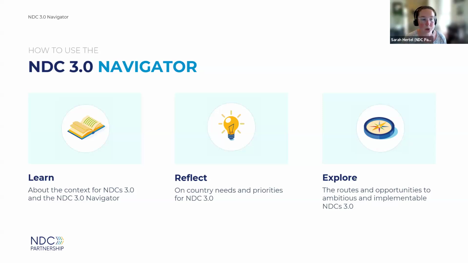The tool complements our global call, as I mentioned earlier, and is structured into 3 different sections for countries and also partners to use when going through the Navigator. The first being learning about the context of NDCs 3.0 and the Navigator itself, reflecting on country needs and priorities for this upcoming NDC round, and then also exploring the routes and opportunities to creating ambitious and implementable NDCs 3.0.